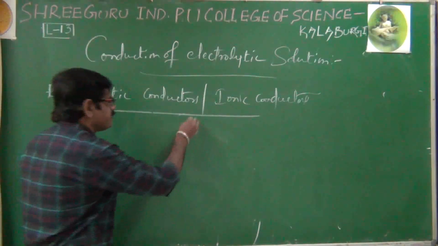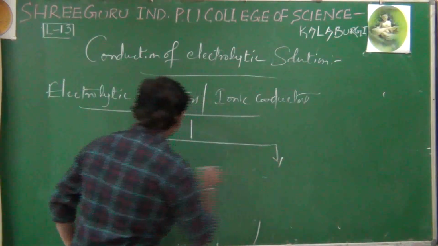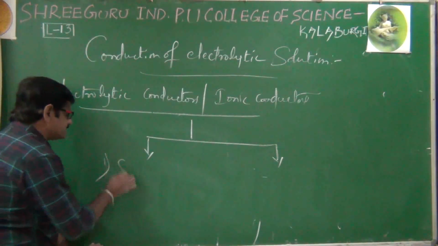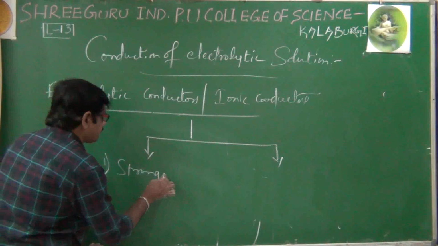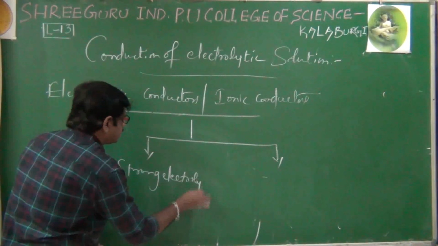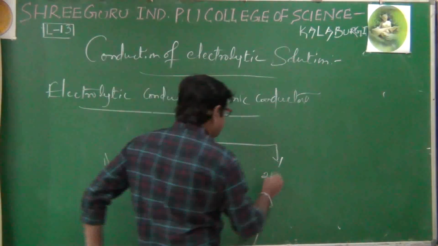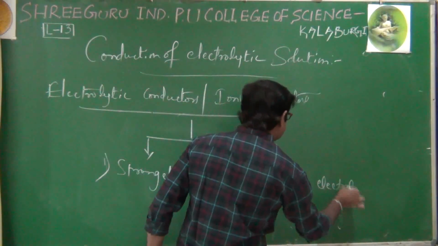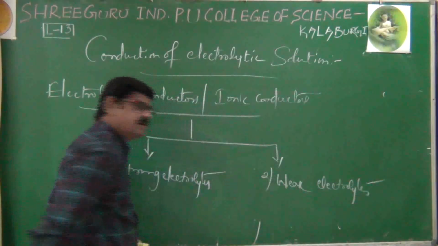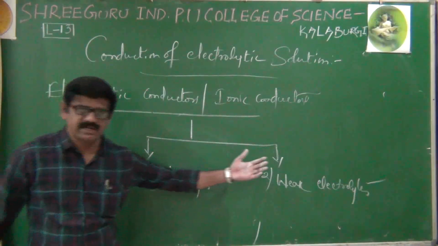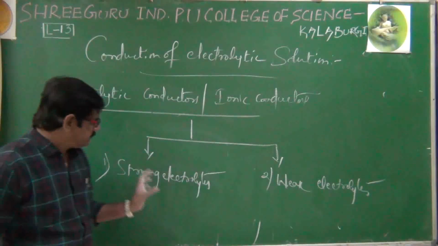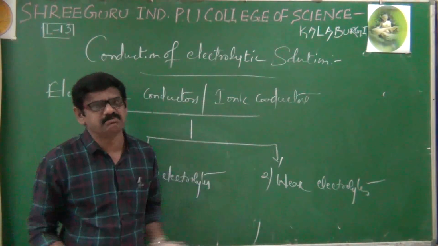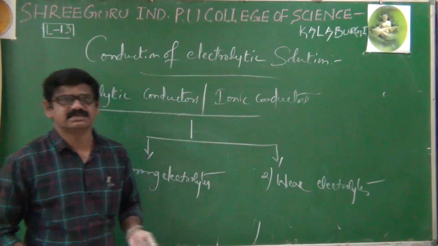We can take so many examples, but before that, electrolytic conductors are further divided into two types. Number one is strong electrolytes, and the second one is weak electrolytes. Then what are strong electrolytes? What are weak electrolytes? Very simple. If an electrolyte is dissociating almost completely, it is called a strong electrolyte.